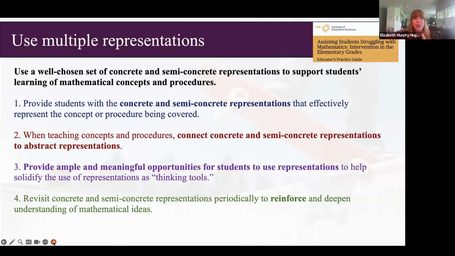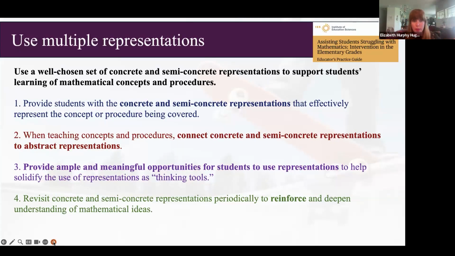So the language that we're going to use when talking about this, I'm going to talk about concrete manipulatives. Concrete manipulatives are those things that you can touch, you can move around. These are more of the elementary ones. We're going to be using algebra tiles today. So things that you're physically moving.